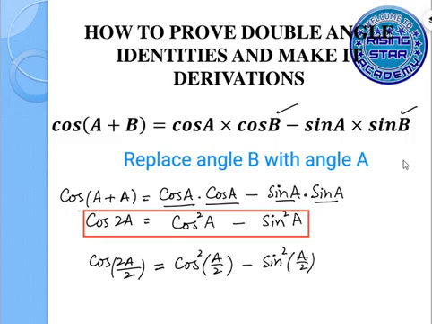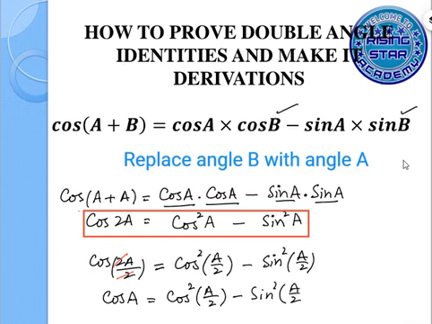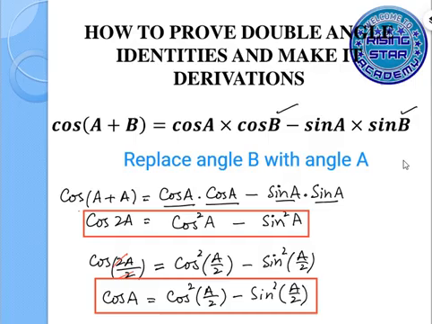So now this 2 is going to cancel with 2. So we have cos of A is equal to cos square of A by 2 minus sine square of A by 2. So this is our half angle identity from double angle.